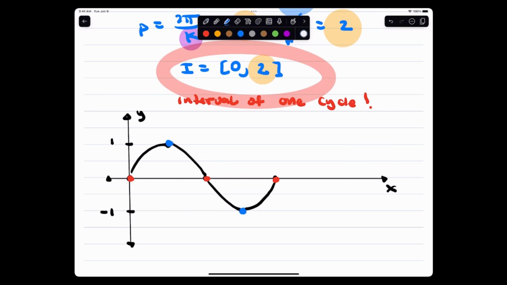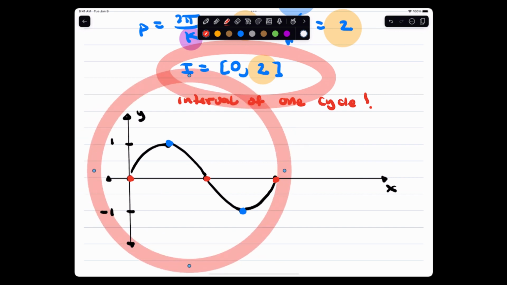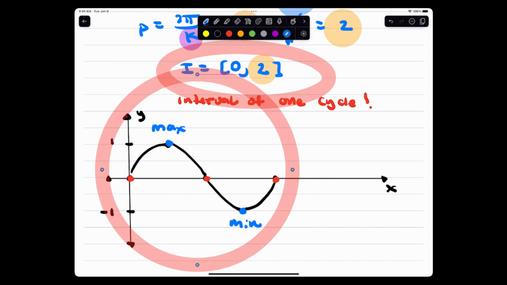So that whole idea behind one cycle is right here. Okay, you guys with me on that? And yes, you're at a what here? You're at a maximum. And here you're at a minimum. Okay? So interval of one cycle.